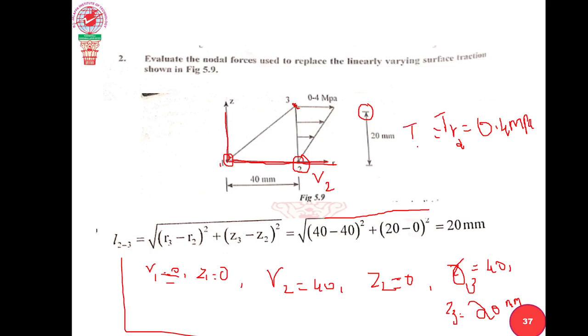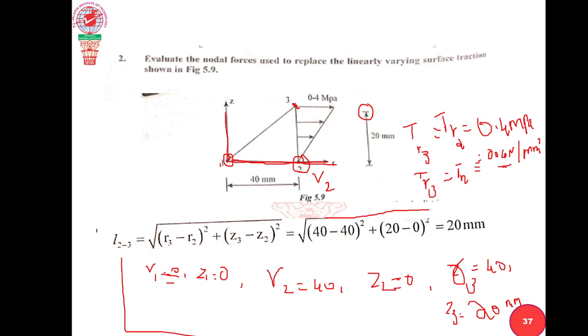Therefore TR2 equals TR3. 1 megapascal equals how much Newton per mm? 1 megapascal is nothing but 1 Newton per mm square. Therefore TR3 equals TR2 equals 0.4 megapascal, that is 0.4 Newton per mm square.